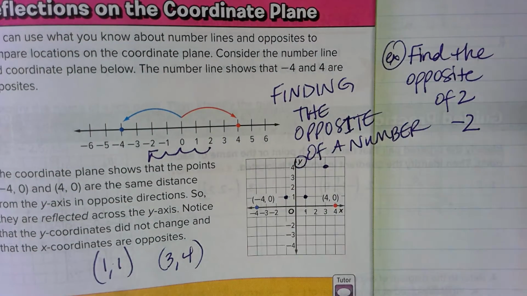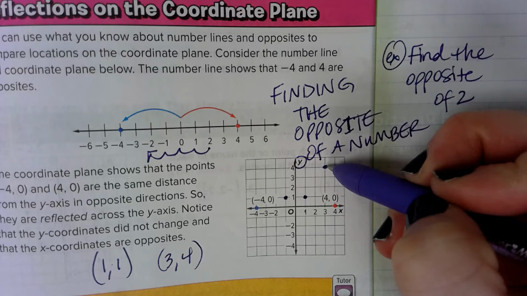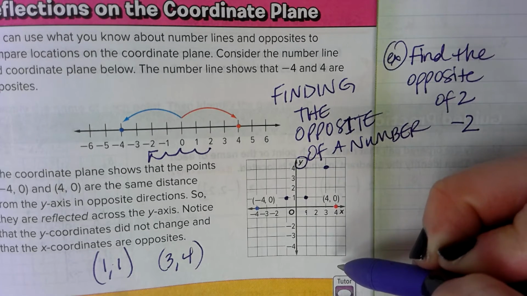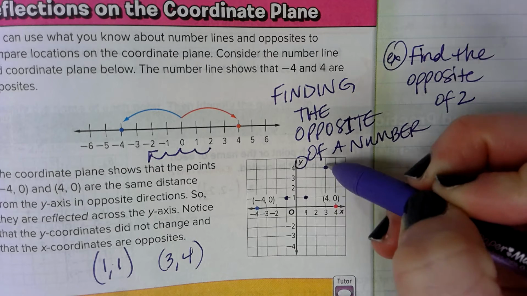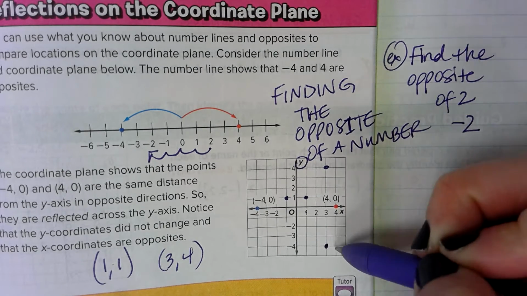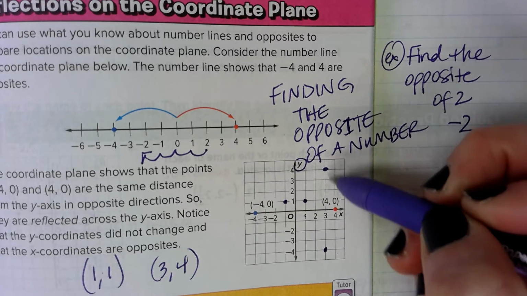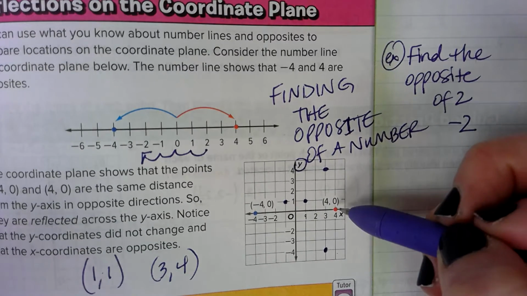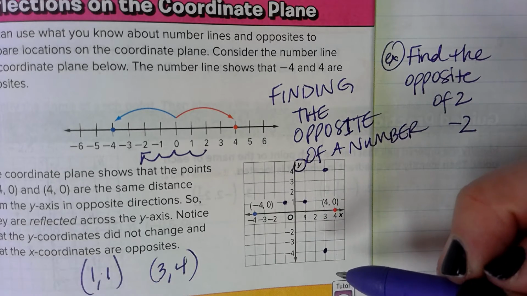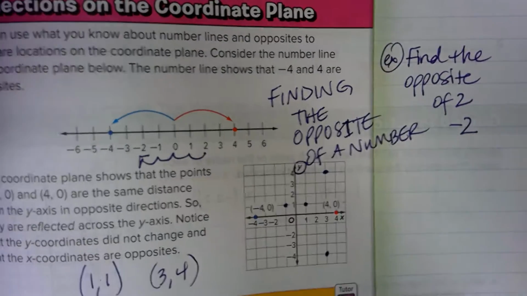So now I'm going to find the same exact spot, just the opposite of that across the x-axis. So I'm still going to go to 3 because that's still lined up here, but I'm going to go to negative 4 instead of positive 4. So this would be the opposite of 3, 4. But you need to know what axis you're reflecting it across in order to do that correctly. So let's move down to the got it problems at the bottom of 397.